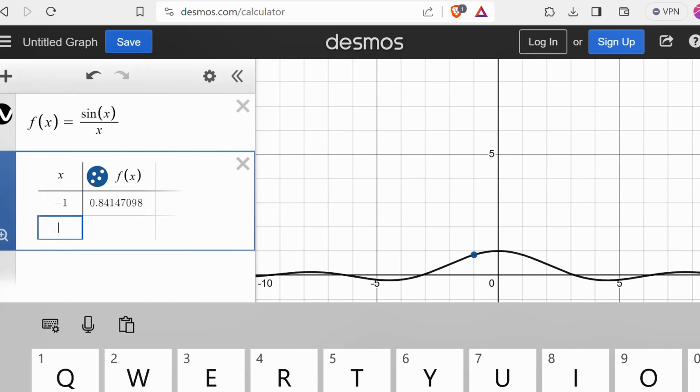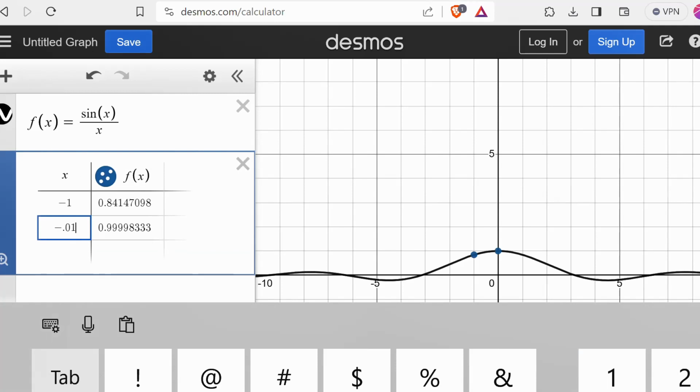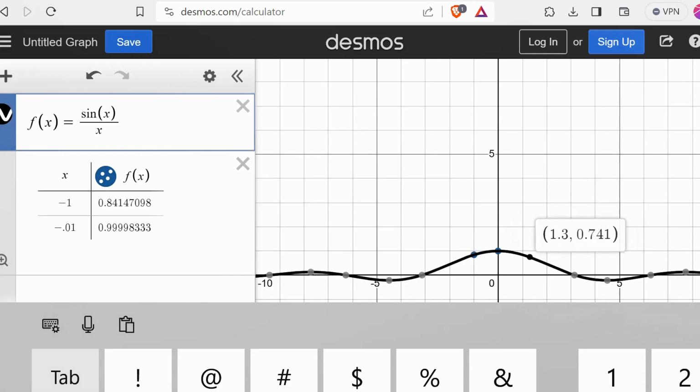So if we put in some numbers close to 0, so how about negative 0.01. So you can see we've already jumped right to 1. And actually you can see it from either side now. As we come in from this side, you can see that the y values are going to 1, and then here the values are going to 1 as well. So we can say that geometrically at least, or numerically with the table, we can see that the limit for that is equal to 1.